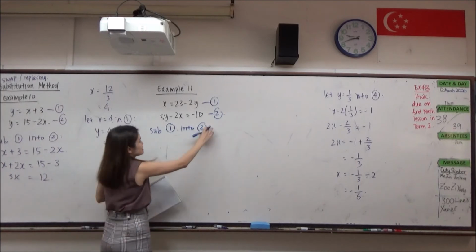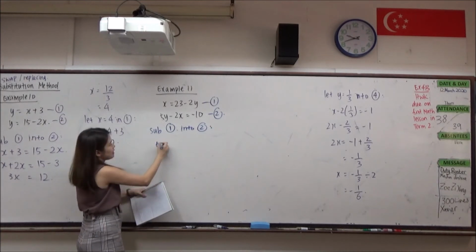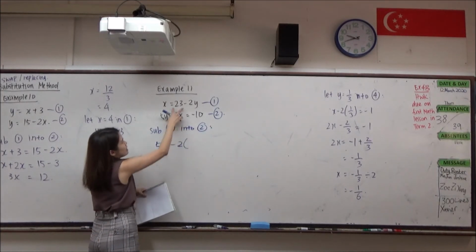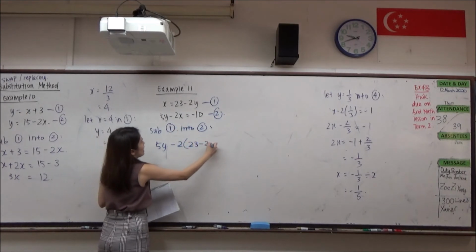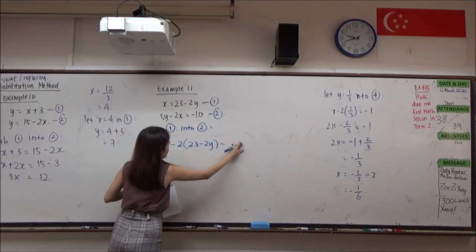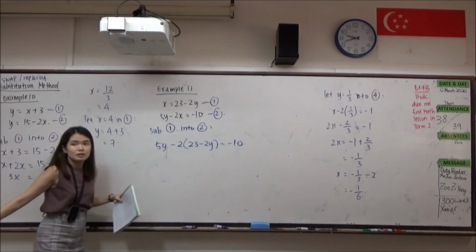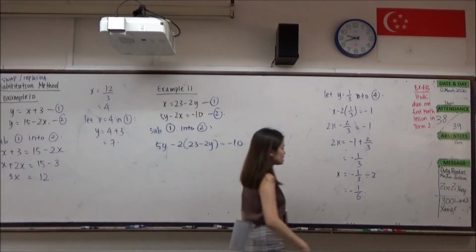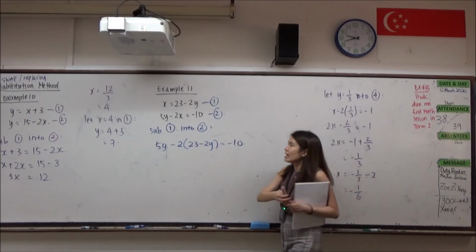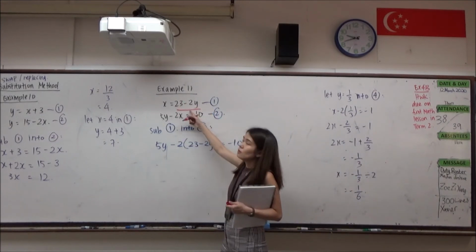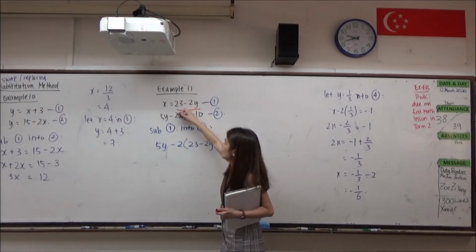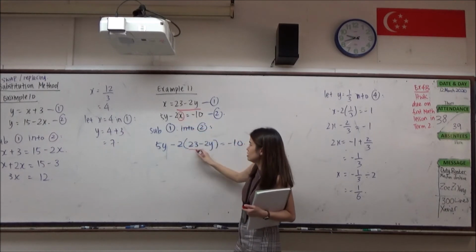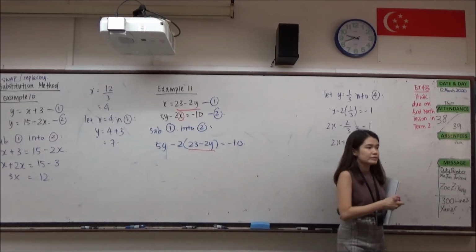So I take whatever is over here to put it into equation 2 for the x over here. So what this looks like in the end is that we have 5y minus 2 bracket 23 minus 2y equals negative 10. Do you see this substitution? The question started off by telling you what x actually represents, which is 23 minus 2y. Then you replace this x over here. That's why you get this.